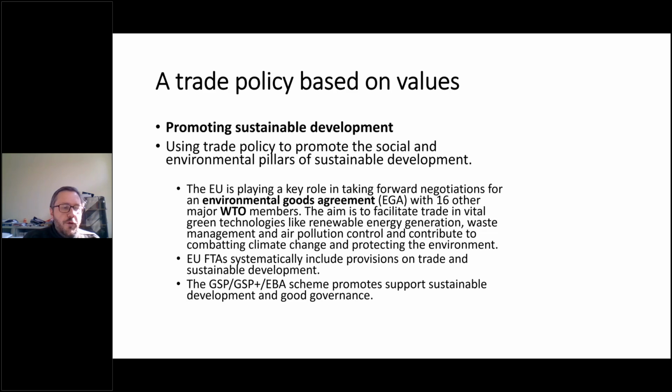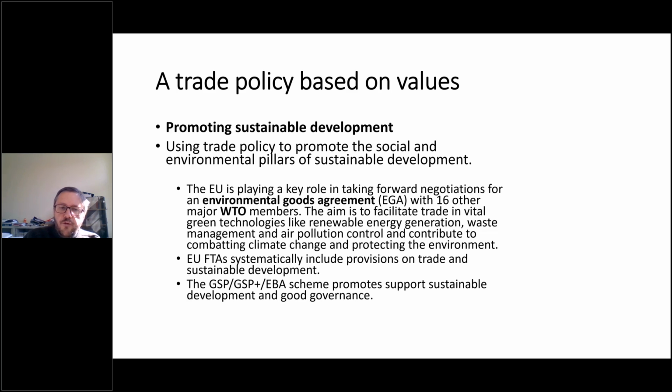And the environmental goods agreement, one of the agreements currently in discussion at the WTO, really aims to facilitate trade in green technologies like renewable energy, waste management, air pollution control systems, and all types of different technologies and instruments to combat climate change and protect the environment.